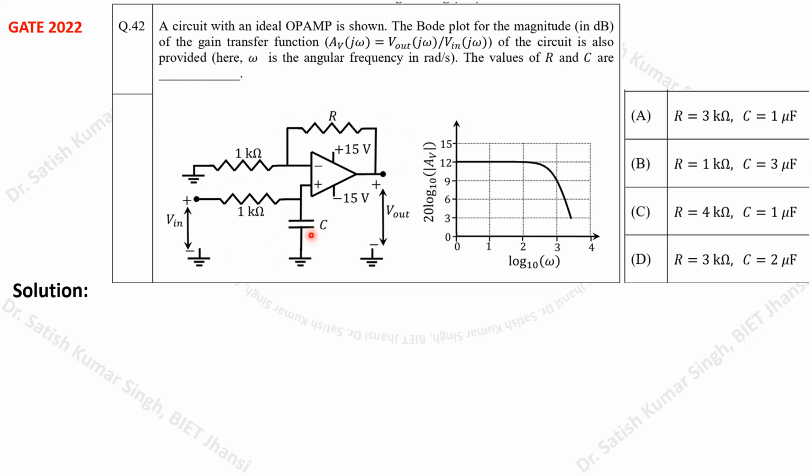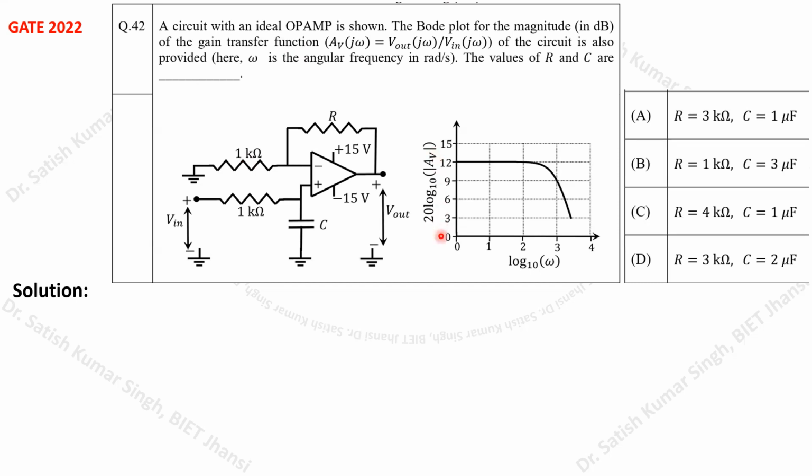Because it is a low pass filter, you can see its frequency response mentioned here. We have the frequency component on the x-axis, and the gain of this filter on the y-axis, which is in dB.